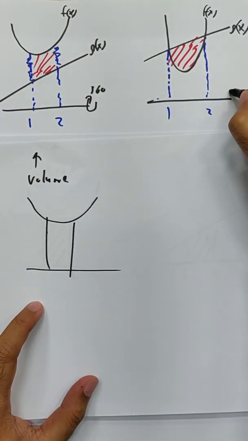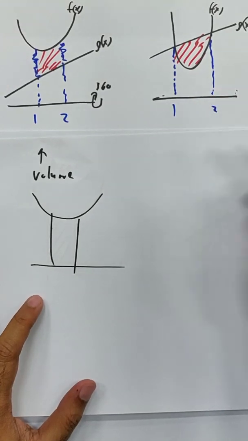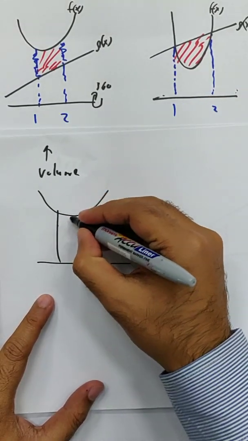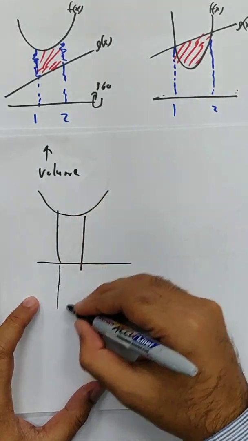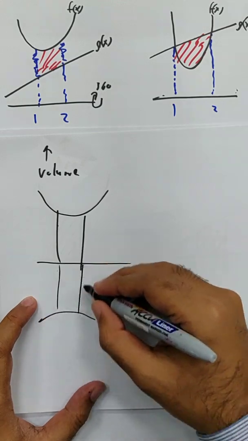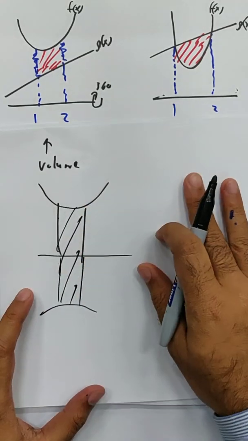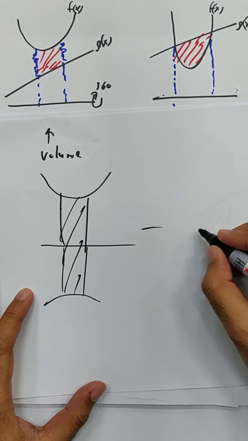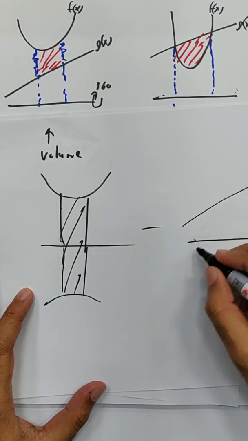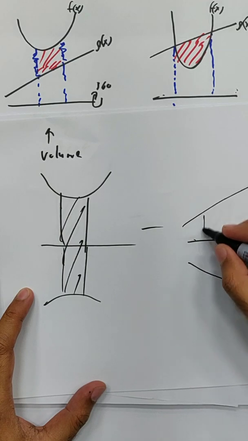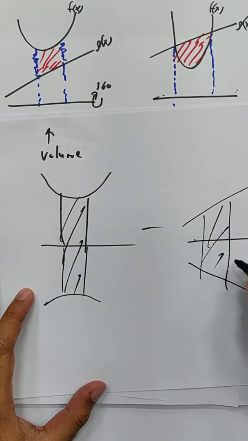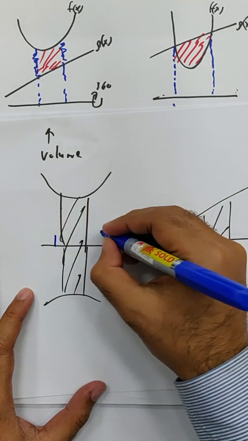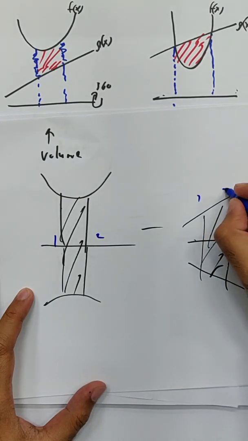Same goes for this one, which we'll discuss later. So it will be something like this. One and two, 1 and 2.